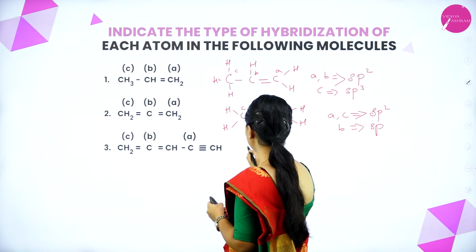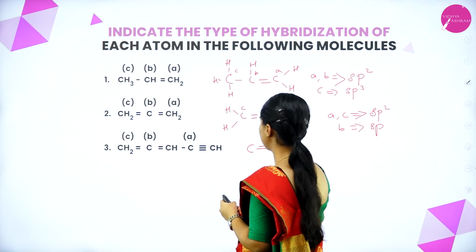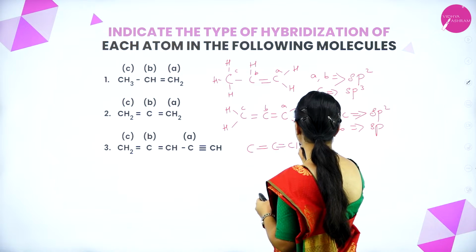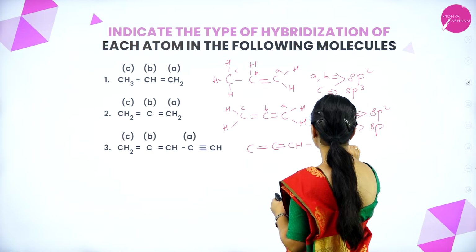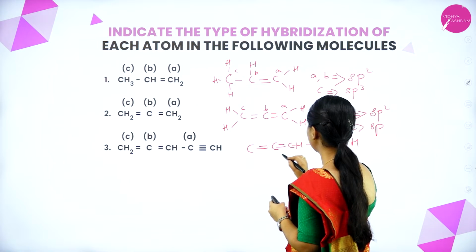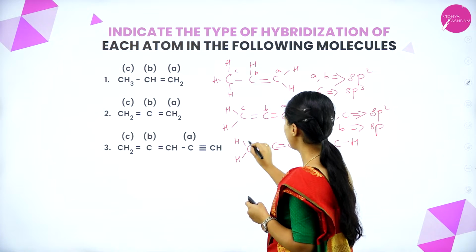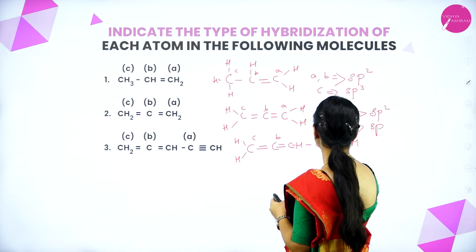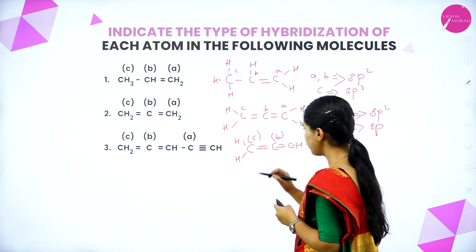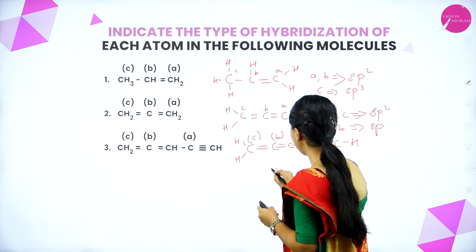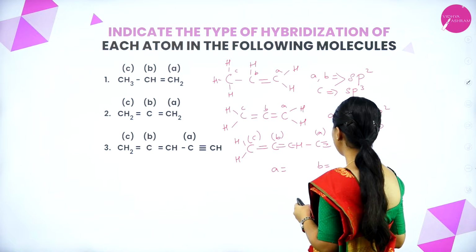And if you want to discuss the third example, this is C, B and this is A. See here, A is different, B is different and C is different.